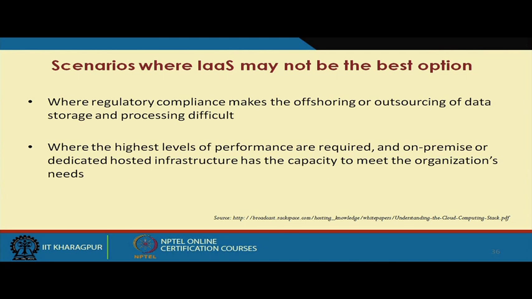There can be some legal issues or regulatory bindings, or where the highest level of performance is required, right, on-premise or dedicated resources are required. Like, say, some of the mission critical operations where you require the highest level of performance, where you want to customize the whole thing, right. In those cases this may not be a good solution, having a generic infrastructure.